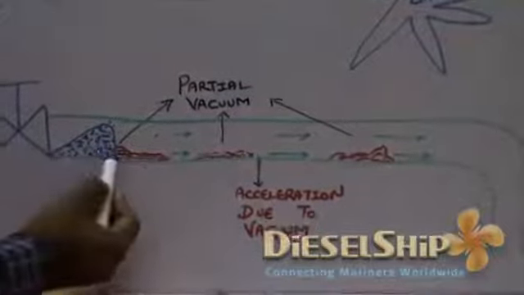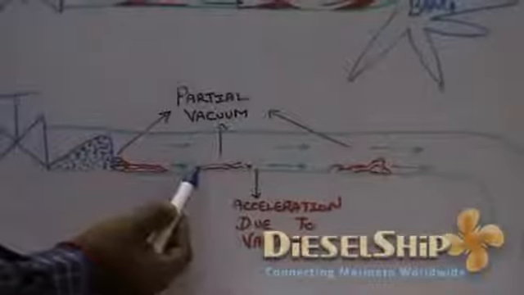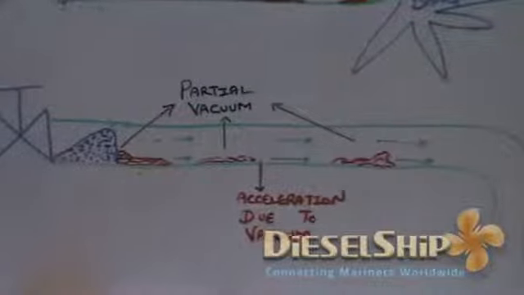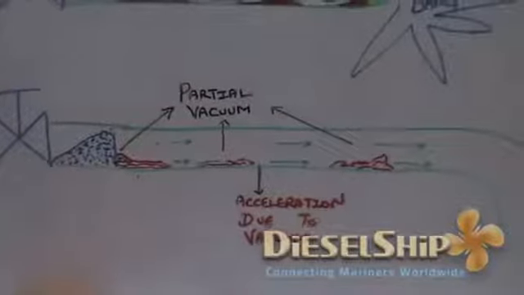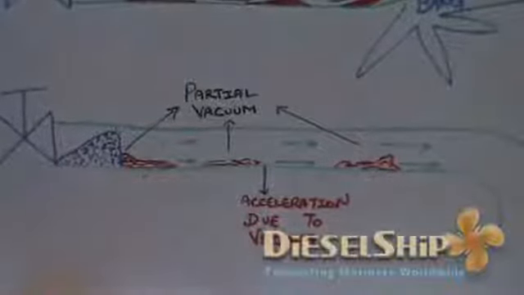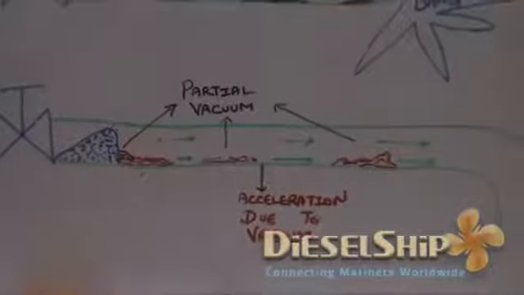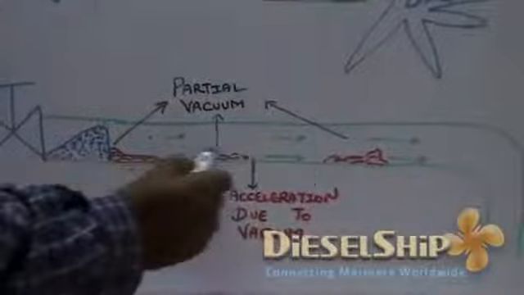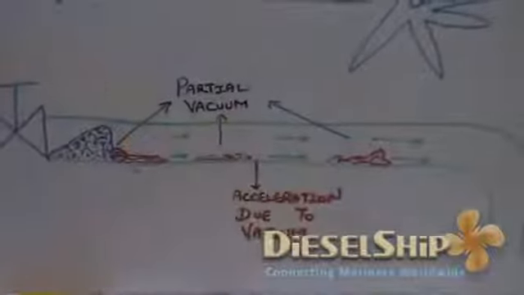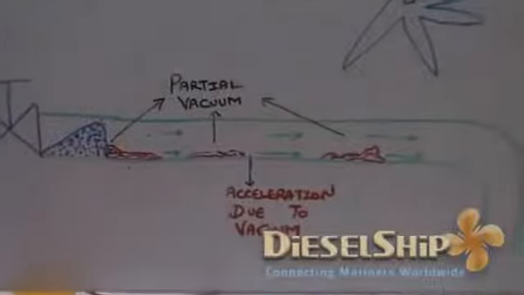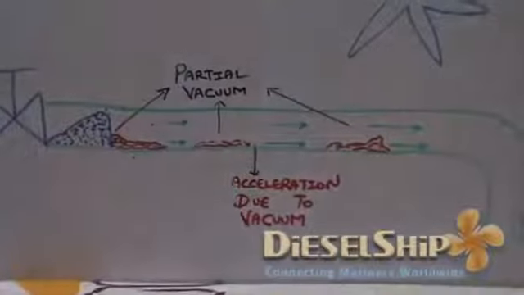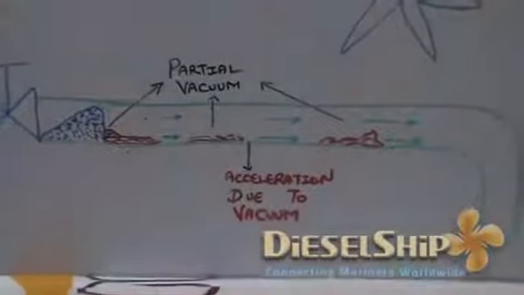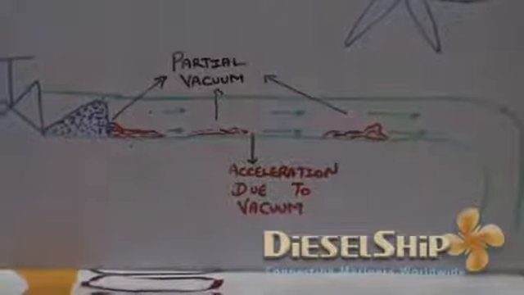And again, as the steam progresses, it touches this water droplet, and again some condensation happens, and as it condenses, it creates vacuum or partial vacuum, which again accelerates the steam, and thus it keeps on accelerating, reaching even sometimes 100 miles per hour speed, and then as it meets the elbow of a pipeline, it creates a banging noise, and thus this is called as water hammer.